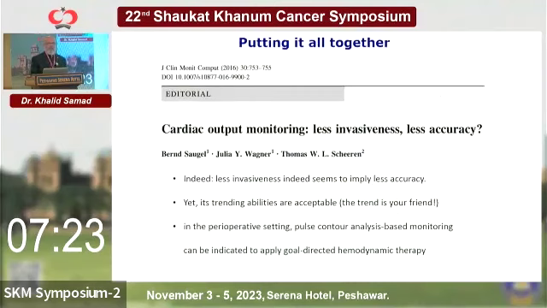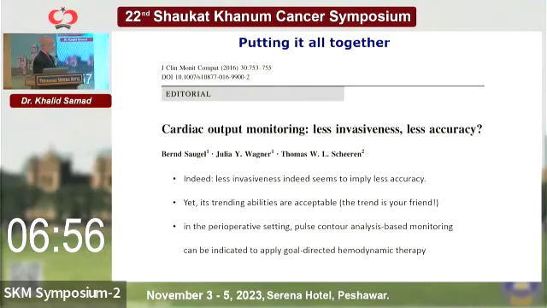So if we look at all these devices that I've mentioned, the main point of contention is whether less invasive is less accurate, or should we go for more invasive. Indeed, less invasive need not simply imply less accurate, because of the trending ability of these non-invasive devices.